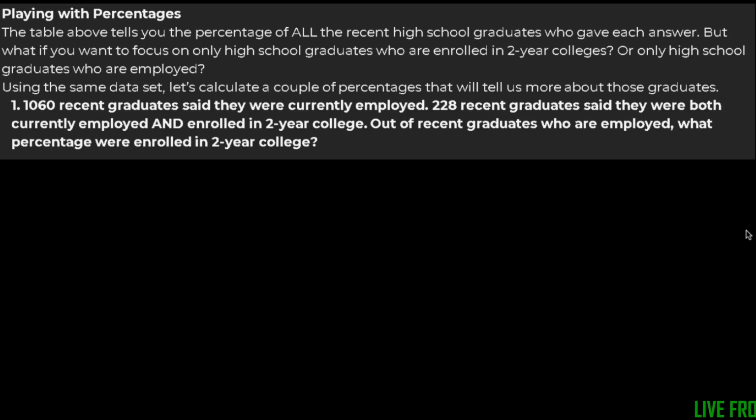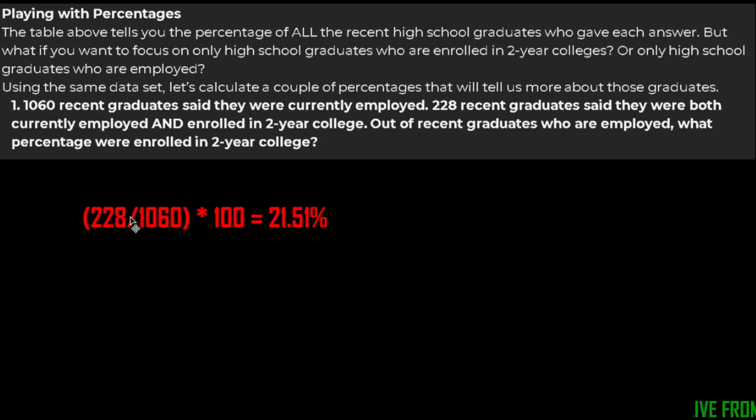So it says using that same data set, let's calculate a couple of percentages that will tell us more about those graduates. So for number 1, it says 1,060 recent graduates said they were currently employed. 228 recent graduates said that they were both currently employed and enrolled in two-year college. Out of the recent graduates who are employed, what percentage were enrolled in two-year college?